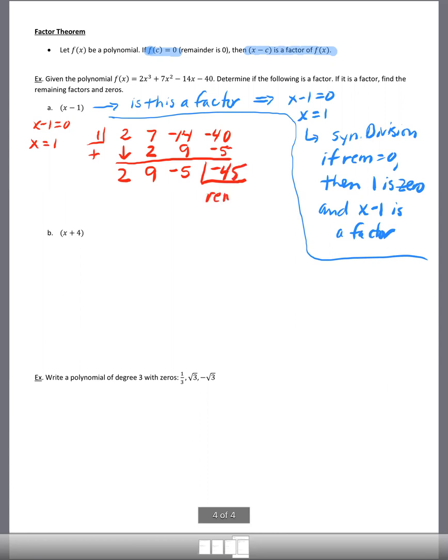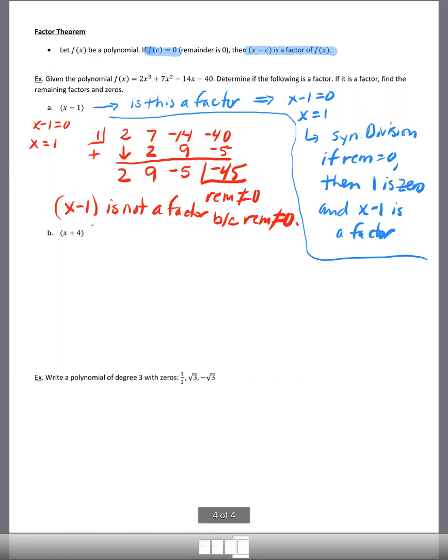This remainder, however, is not equal to 0. So what that implies to us then is that we can say that x minus 1 is not a factor because the remainder was not 0. That's the reason. Okay?